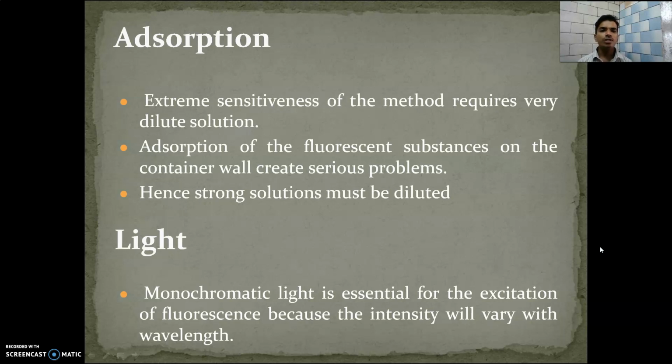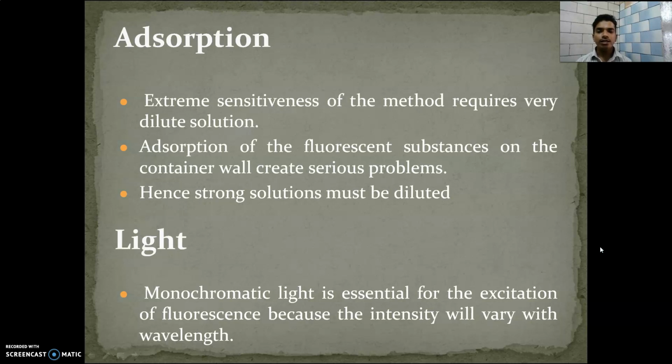Absorption of the fluorescent substance on the container will create a serious problem in this case, hence a strong solution must be diluted. Because this is a very highly sensitive method, we use a dilute solution to get proper absorption of the light and the intensity of the radiation.